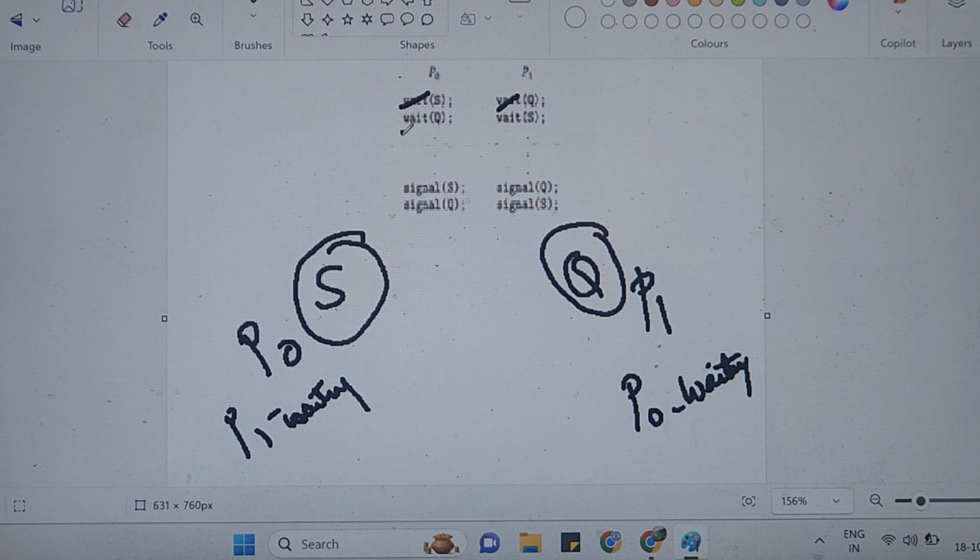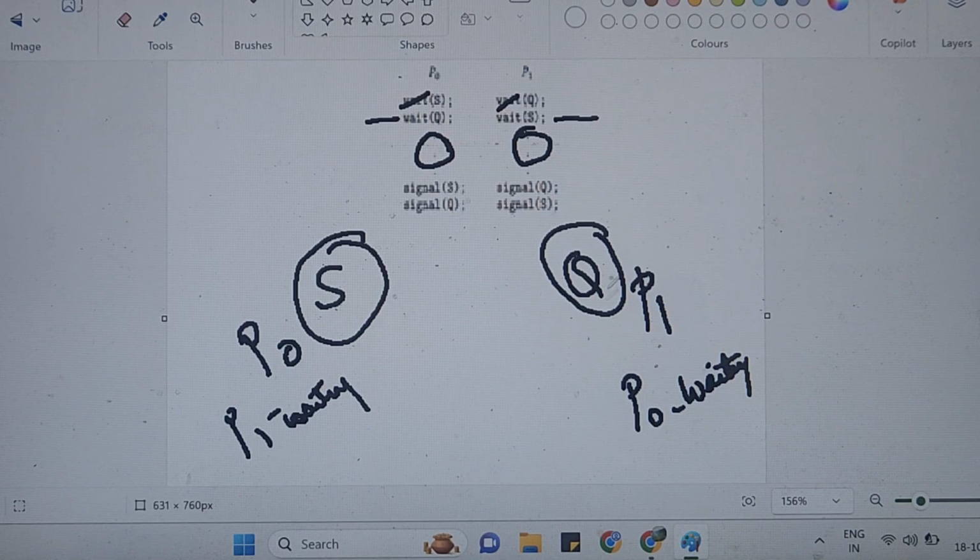Alright, so these two have been executed, but P1 has not acquired S yet. P0 has not acquired Q yet. So this critical section and this critical section cannot be executed yet, right? This wait function is completed only when P1 gets to access S, and similarly when P0 gets to access Q. That has not happened. So both are standing here and waiting, right? P1 is waiting for S, P0 is waiting for Q.